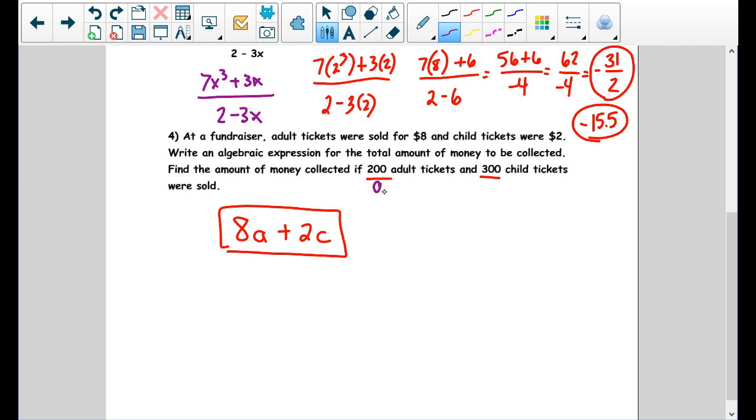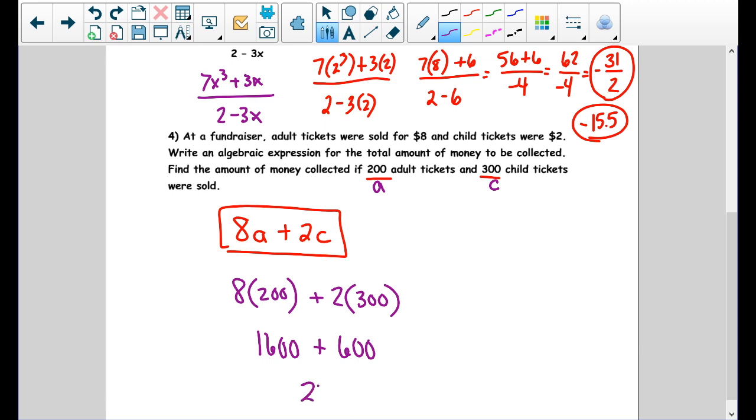My A value is adults, C value is children, so we're plugging in. 8 times 200, 2 times 300. 8 times 200 is what? 1600. 2 times 300, 600. 1600 plus 600 is 2200, $2,200.